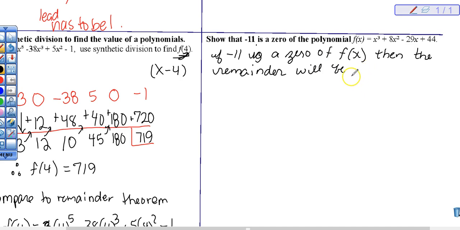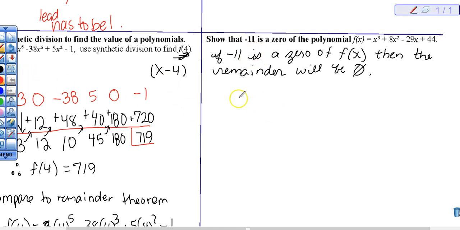If it's an actual factor, and negative 11 should be a zero. I can spell words sometimes. I'm just going to fix that up real quick. Okay, so if negative 11 is actually a zero of f of x, then the remainder will be zero, and we can use synthetic division to prove it.